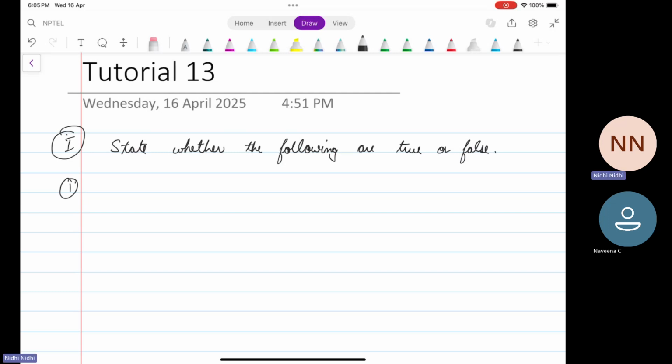Let H be a Hilbert space, and P be a bounded linear operator defined on H, P an orthogonal projection.